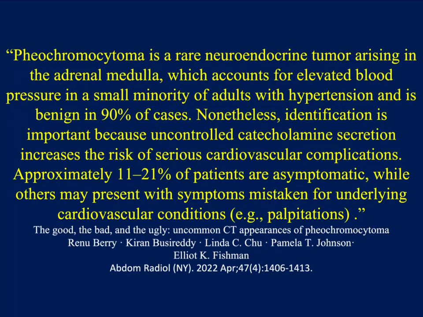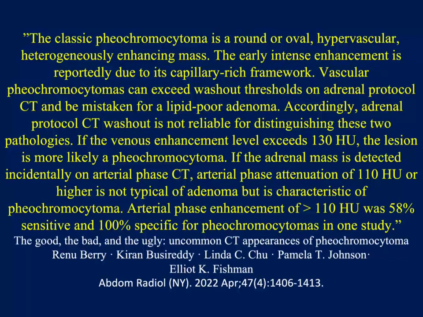They account for elevated blood pressure in a small minority of adults with hypertension, and 90% of the cases are benign. Yet, identification is critical because uncontrolled catecholamine secretion increases the risk of serious cardiovascular complications. Up to 21% of patients are asymptomatic, while others may present with symptoms mistaken for underlying cardiovascular conditions.